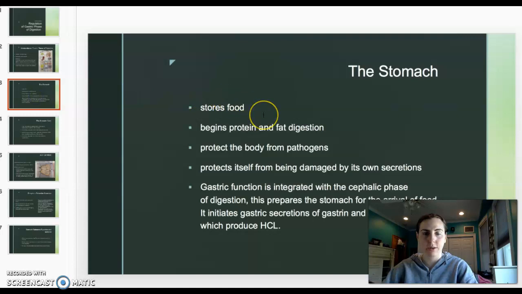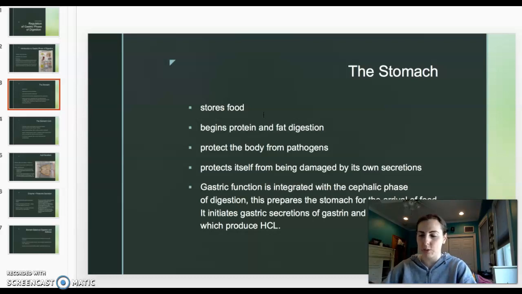I'd like to give a brief background about the stomach. When food arrives in the mouth and travels down the esophagus, the stomach's purpose is to store food, and it relaxes to hold the increased amount of food volume. This is known as receptive relaxation. The upper half of the stomach stores the food, while the lower half begins the process of digestion.